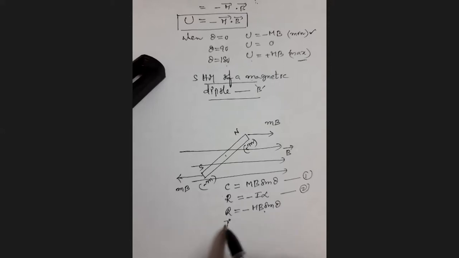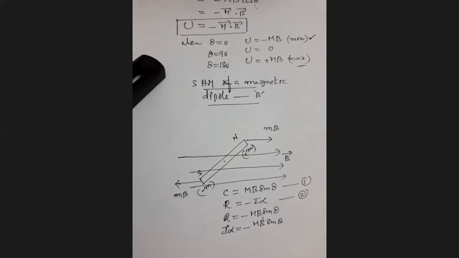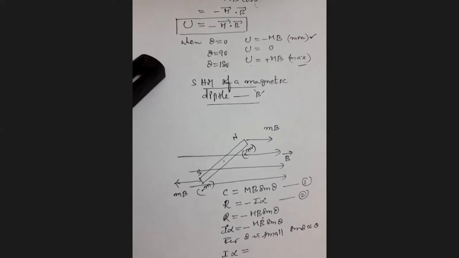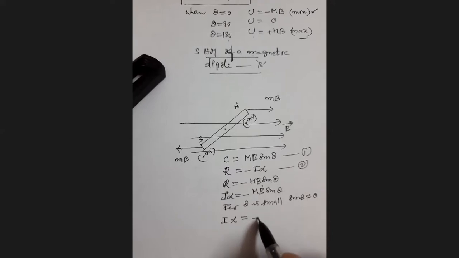That is, I alpha equals minus MB sine theta. But here theta is very small. For small theta, we can take sine theta nearly equal to theta. Then I alpha equals minus MB theta. From this, alpha equals minus MB by I into theta, right?